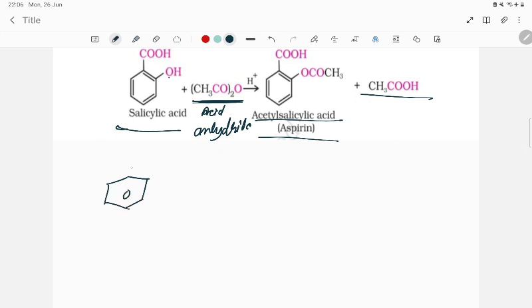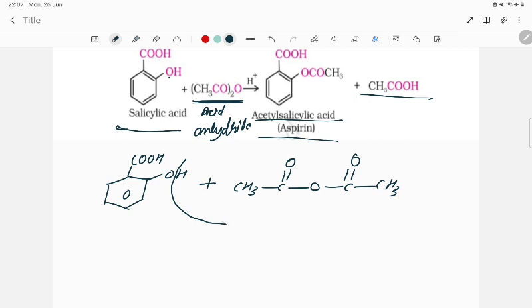Let us try to write the reaction again. This compound has COOH, and here there is OH. You are treating it with acetic anhydride, CH3. Due to the OH group the reaction is taking place.